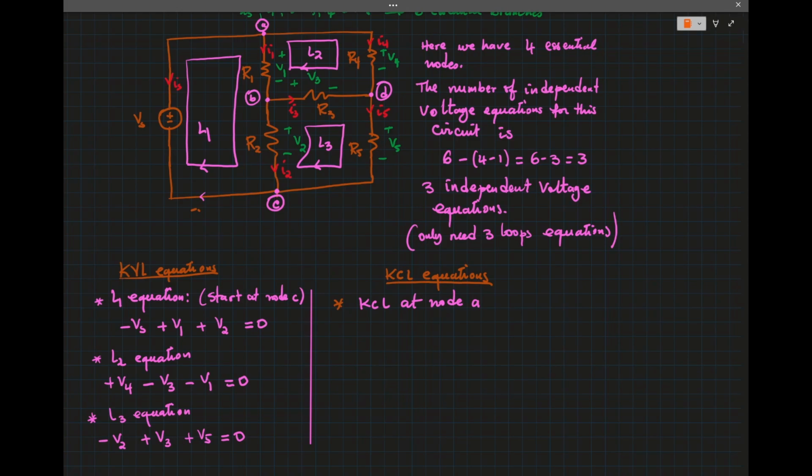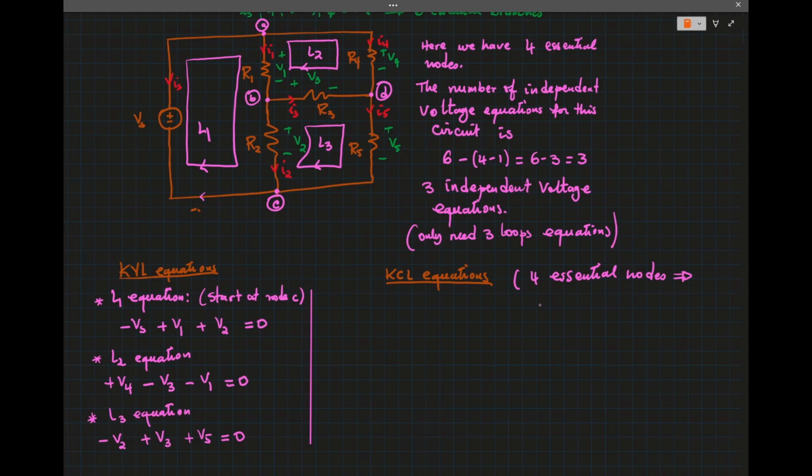For the KCL equations, let me indicate this first. So we have 1, 2, 3, 4, so we have 4 essential nodes.